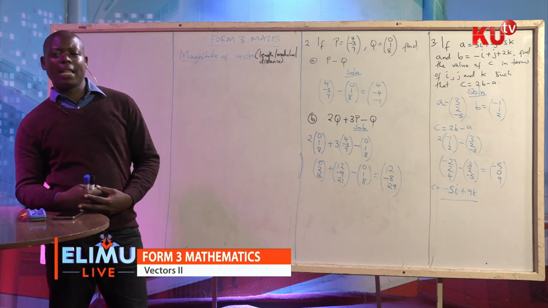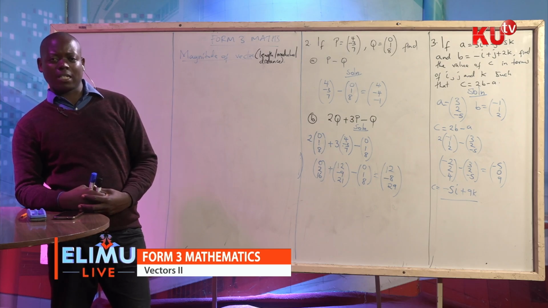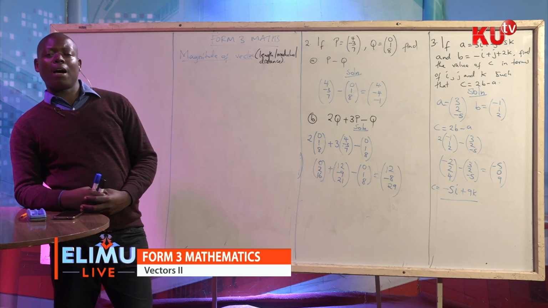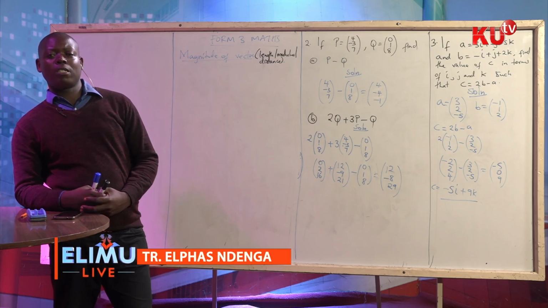Being length, distance, and modulus, the magnitude of a vector is given in terms of units. When we are working out the magnitude of a vector, we allow students to write the units of that solution. And which units do we use? We just use units. Why?